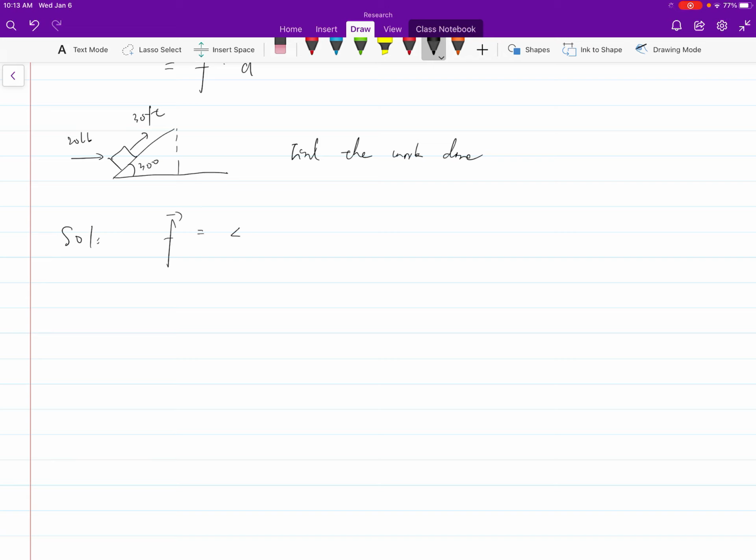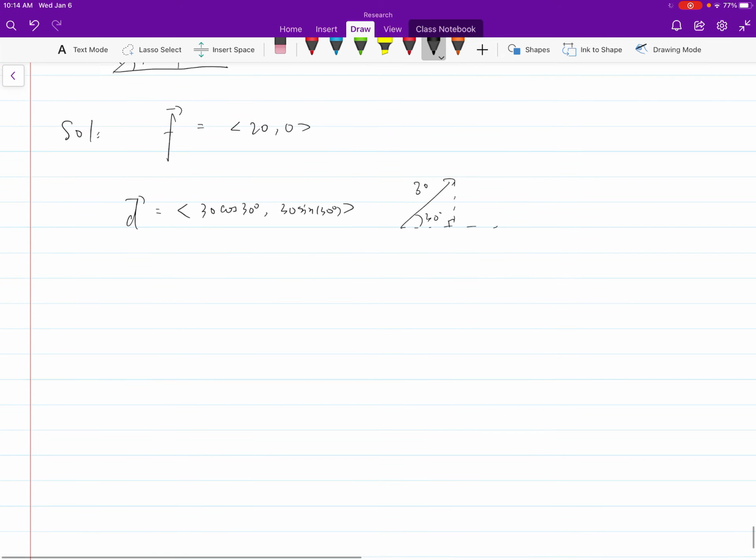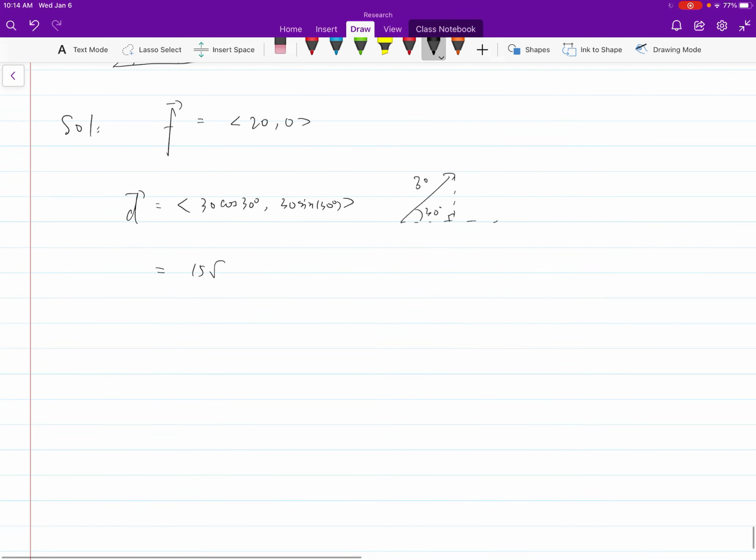All right. So what's your force? 20, 0. What's your distance? My distance is going to be 30 in terms of length with a 30 degree. So if you draw the right triangle and find the coordinates, it's going to be 30 cosine 30, 30 sine 30, which gives you 15.